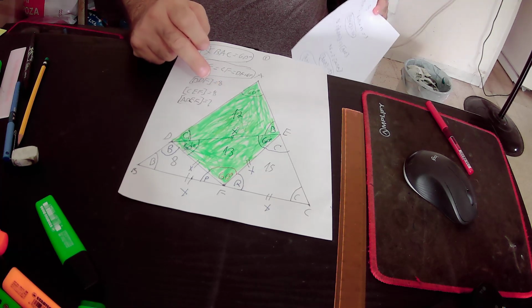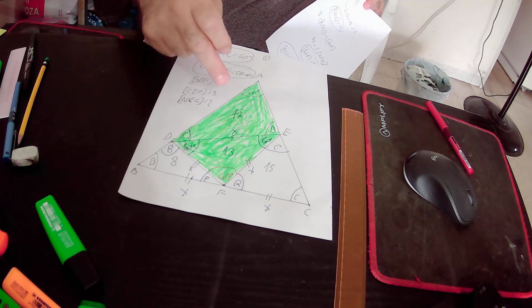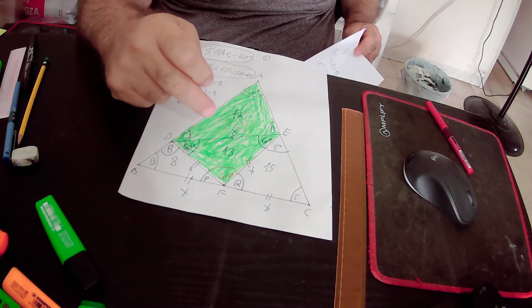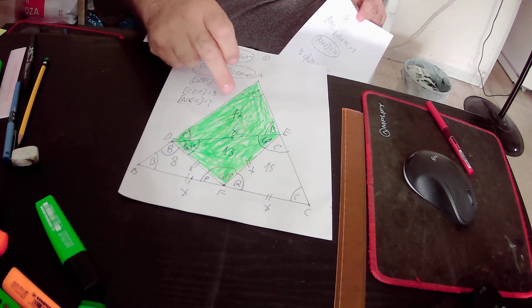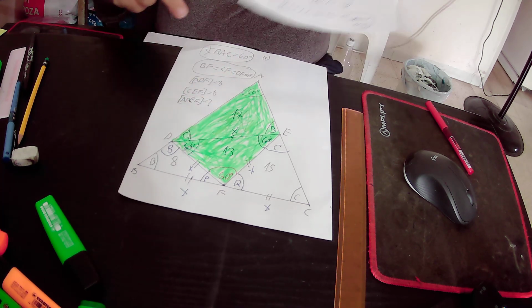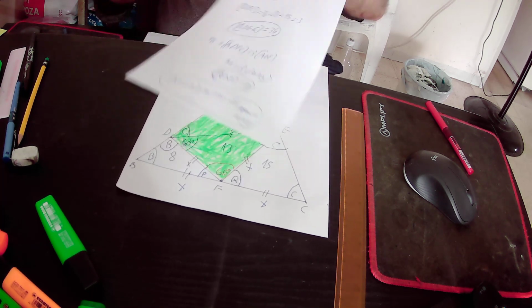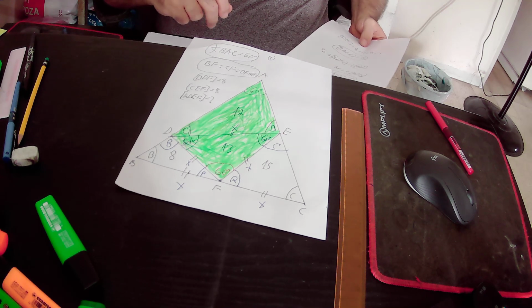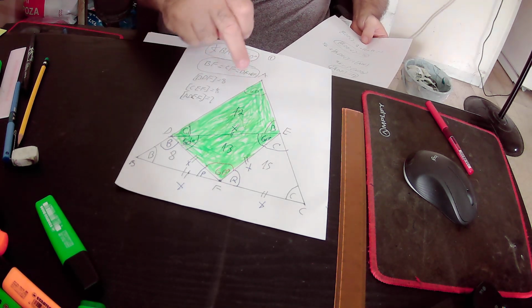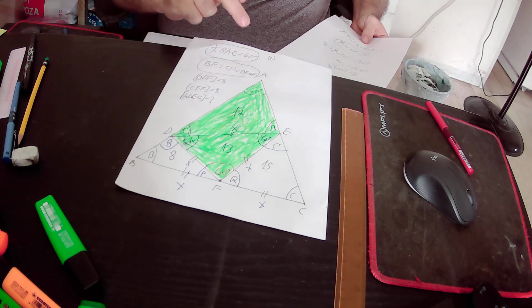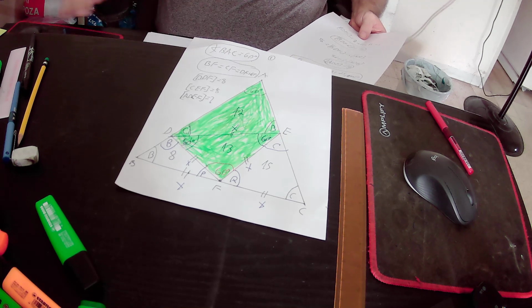So the area of the green shape equals the area of this triangle ADE plus the area of the equilateral triangle EDF. That is to say, it equals 12 plus 13, that is 25 square units. So the area of the green quadrilateral ADEF equals 25 square units. Okay, thank you very much.